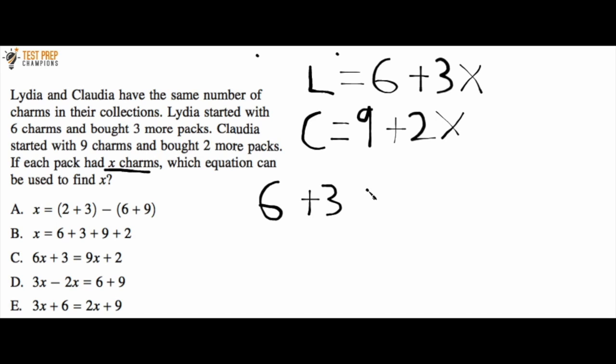So 6 plus 3X equals 9 plus 2X. That's because the first sentence tells us they both have the same number of charms in their collection. They wrote it a little bit differently, but if you look at E, they wrote 3X plus 6. I have here 6 plus 3X, which is the same thing, equals 9 plus 2X. And down here, they just put the 2X first, 2X plus 9.